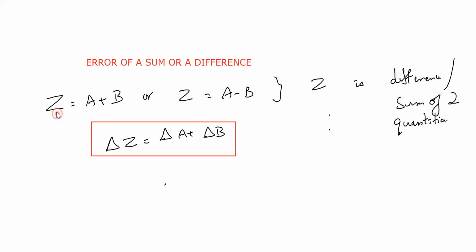It is either the sum or the difference of two quantities, where the quantities here are A and B. If it is A plus B or A minus B, the maximum value of the error is delta A plus delta B. This also I'll just write down. Maximum value of the error.